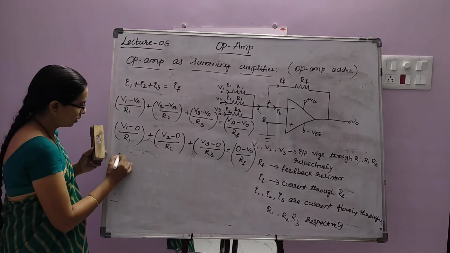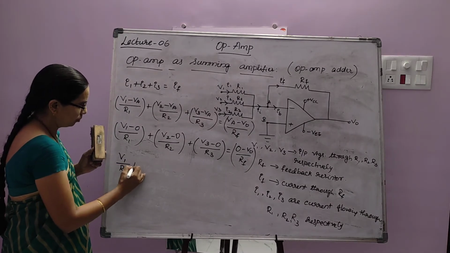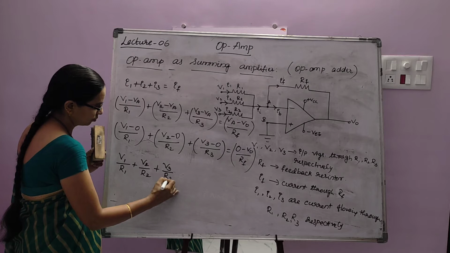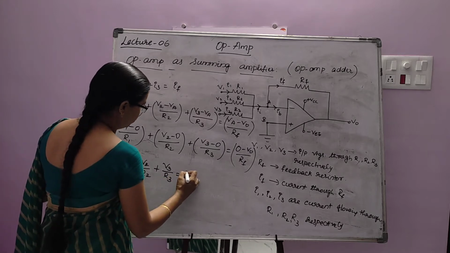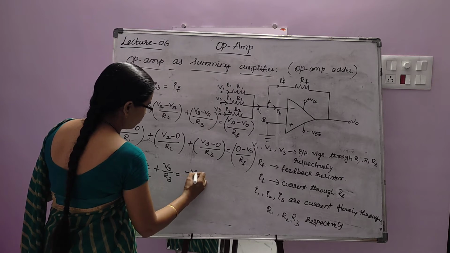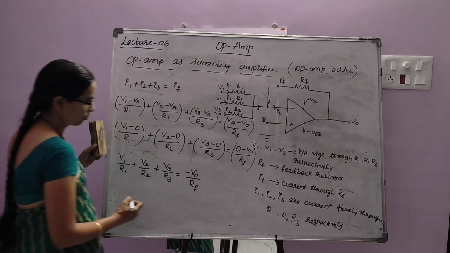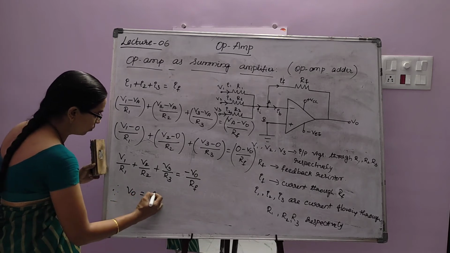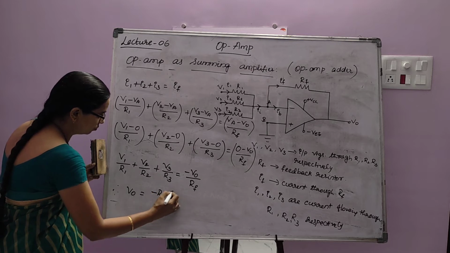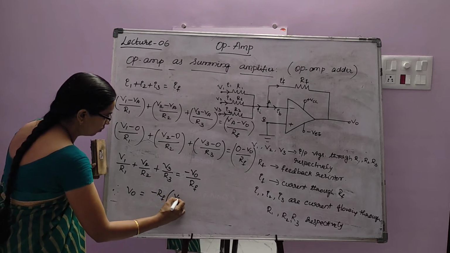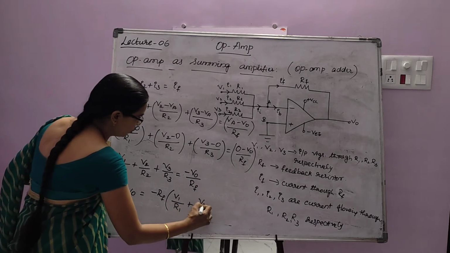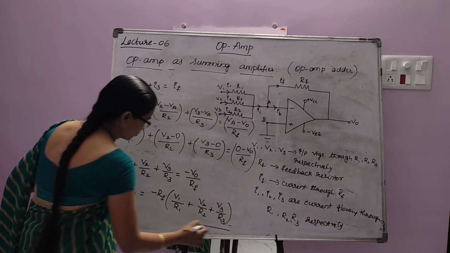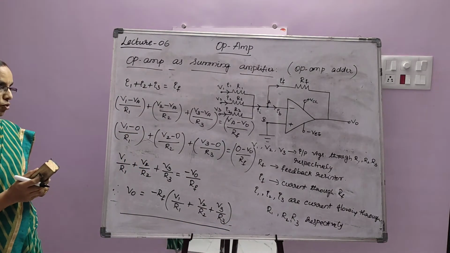So this can be written as V1 by R1 plus V2 by R2 plus V3 by R3 is equal to minus V naught by RF. So output voltage V naught is equal to minus RF into V1 by R1 plus V2 by R2 plus V3 by R3. This is the expression.